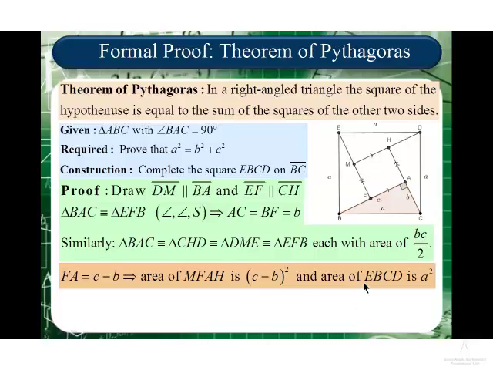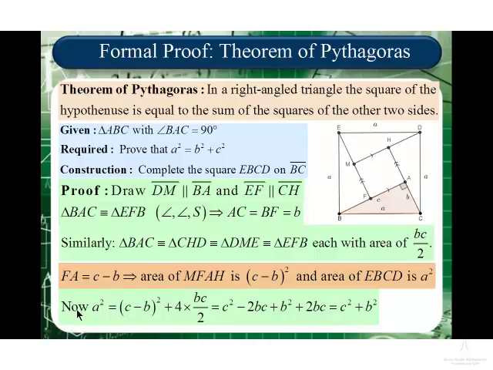And the area of the big square that we've constructed at the start clearly is A squared. That's EBCD. The area of that square is A squared. Putting this together now, we have that the big square, BEDC, the area of that is small a squared. Okay, and if you can express this then as the sum of the parts of this particular square in area format, we say that's the area of the square in the middle plus the sum of the areas of the four triangles, right triangles that is, that we have indicated before.